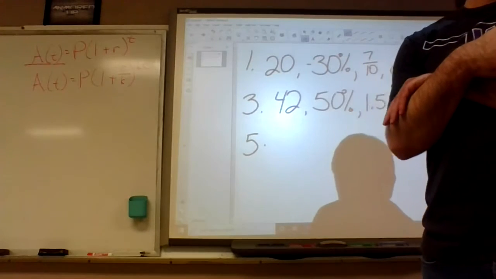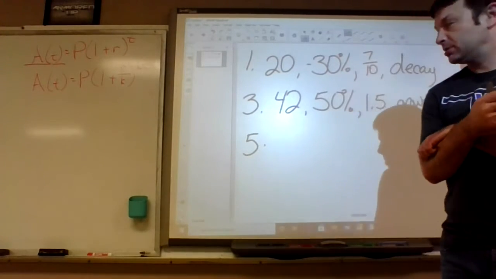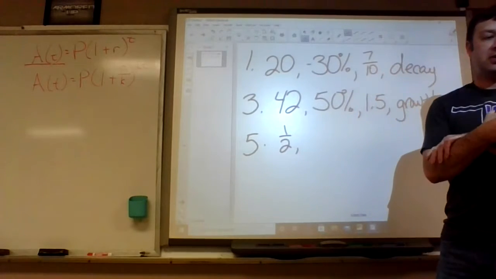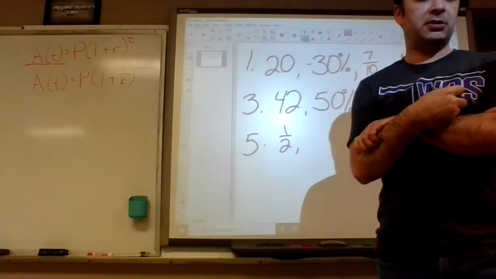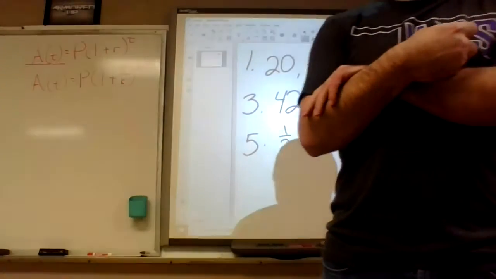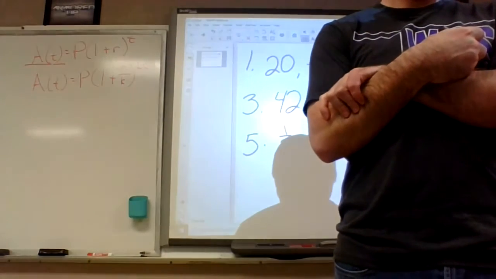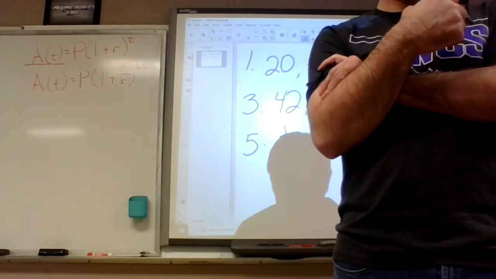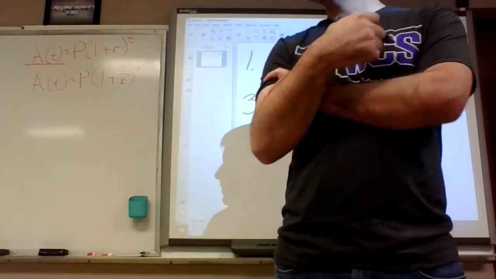Okay, number 5, what's the initial amount? 1/2. 50 cents. What is the percent change on number 5? 50%. Close. Negative 50. Why is it negative?